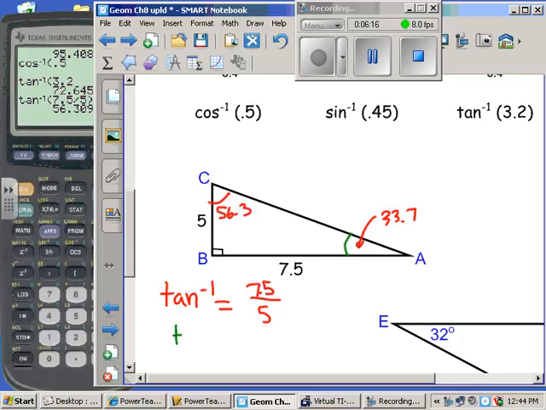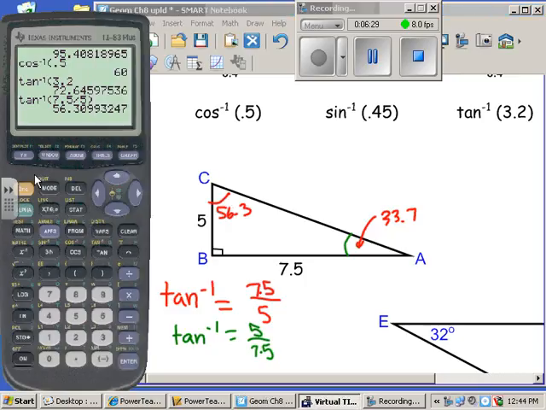So I'm going to use the inverse tangent of opposite over adjacent. And it should, when I type that in, come out to be 33.7, right? Rounded to the tenths place, because we rounded to tenths place on the other one. So I do inverse tangent of 5 divided by 7.5, and I get 33.7, right? So it works.